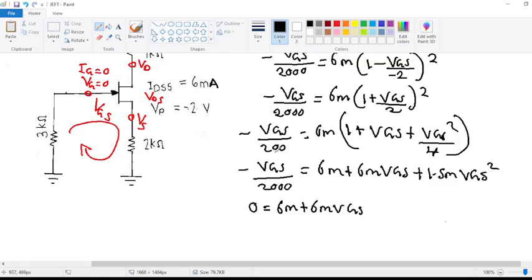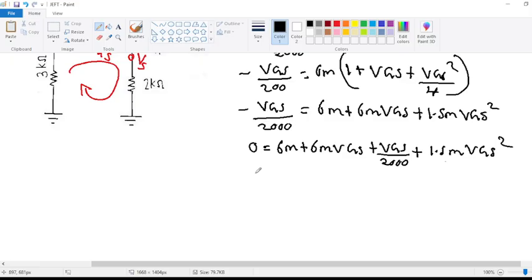Here it's a negative, when it comes to the other side, it will be positive, plus VGS over 2000, which is 2K, plus 1.5 milli VGS squared.